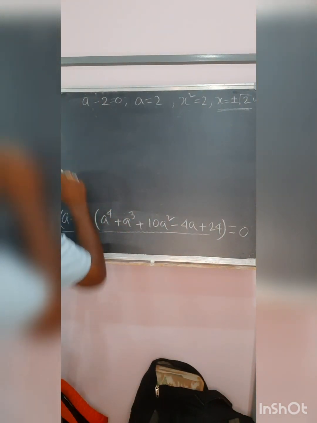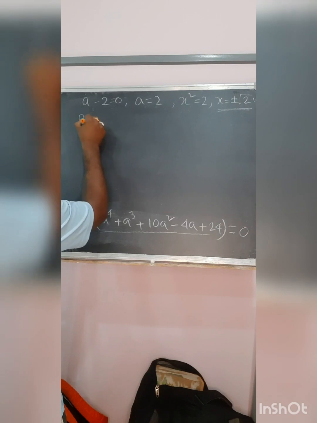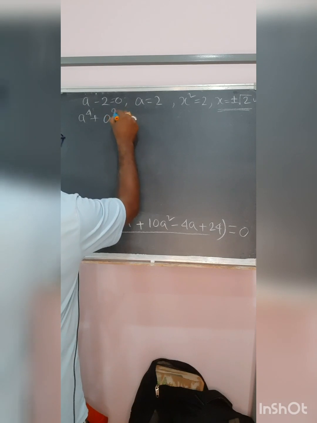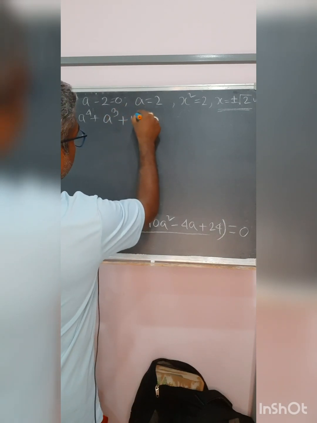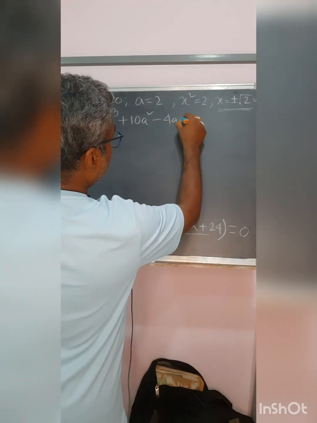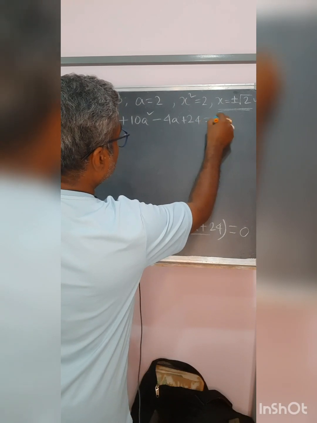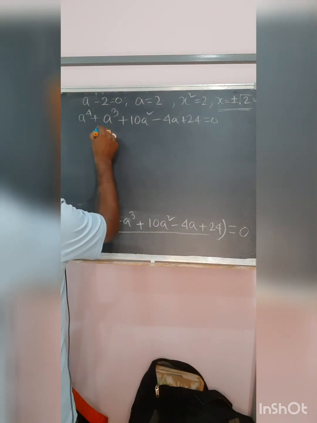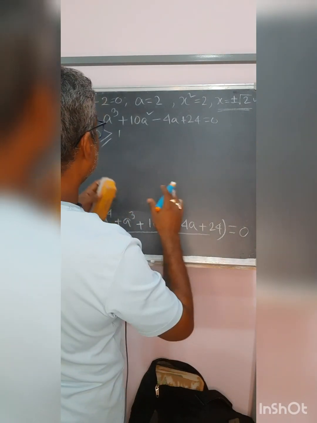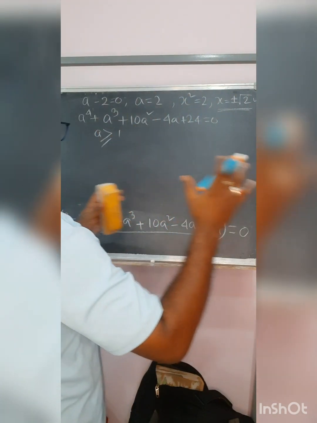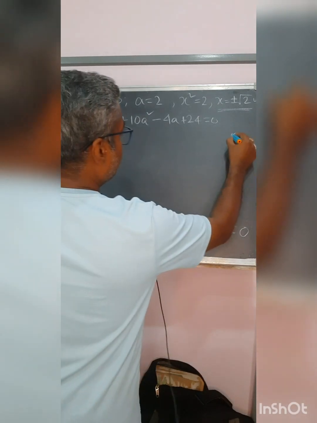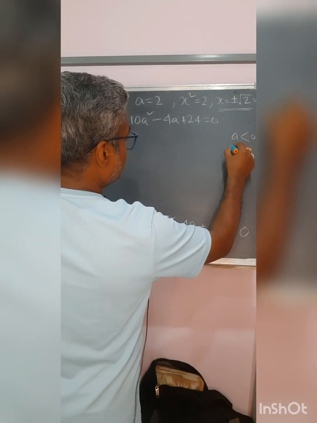Let me check for the other part, if this could be 0, shall I get any real solution for that? a to the power 4 plus a cube plus 10 a square minus 4 a plus 24 equal to 0. Now, I am just dividing the values of a into boundaries. First, a cannot be less than 0, because a is x square.